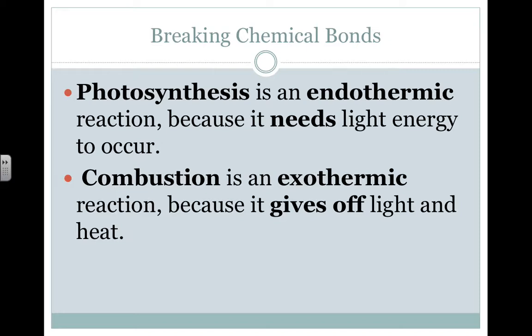When something combusts, bursts into flame, we're giving off light and heat, and you can feel the heat, say over an open fire, or something that has combusted. So it's exothermic because it's giving off heat, whereas photosynthesis is endothermic because it needs energy to initiate the process.